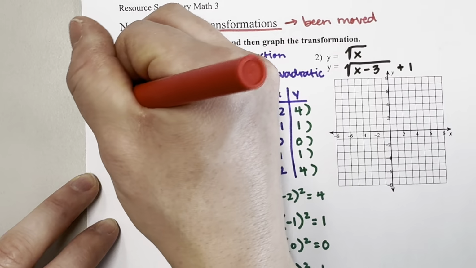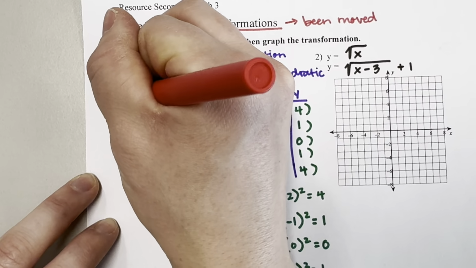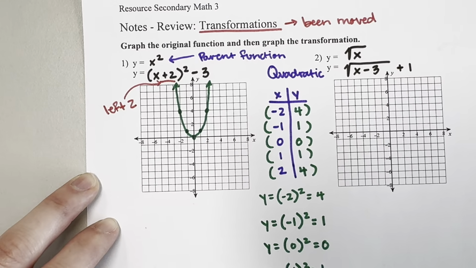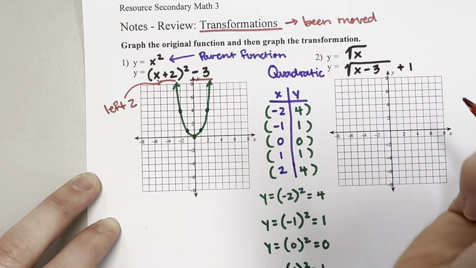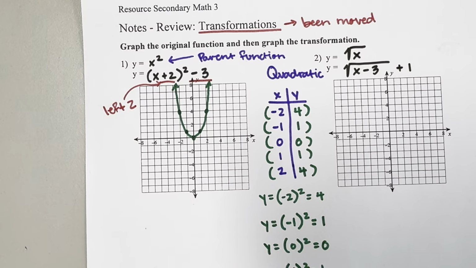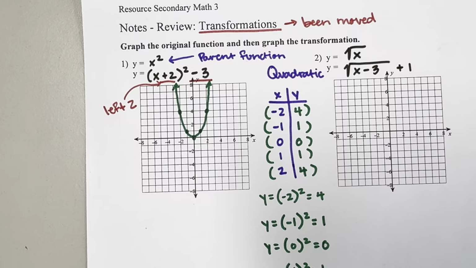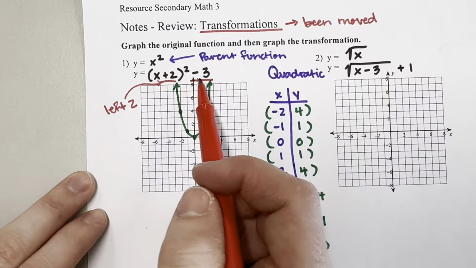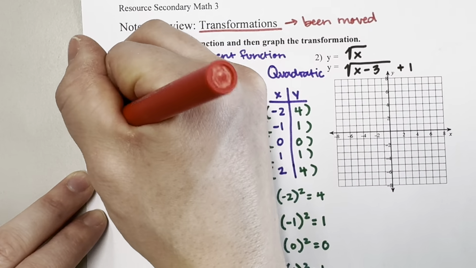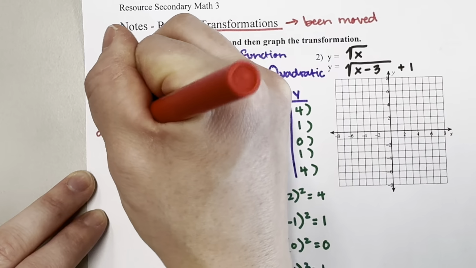But this is the opposite, so this is actually meaning we're going left 2 spaces. And then with our -3 on the outside of our parentheses, up and down, this one's pretty straight up. This just means we are going down 3.